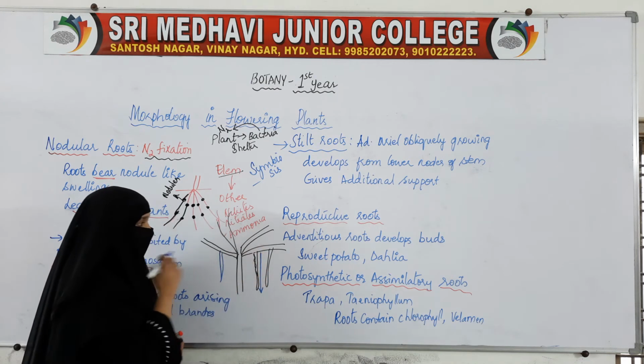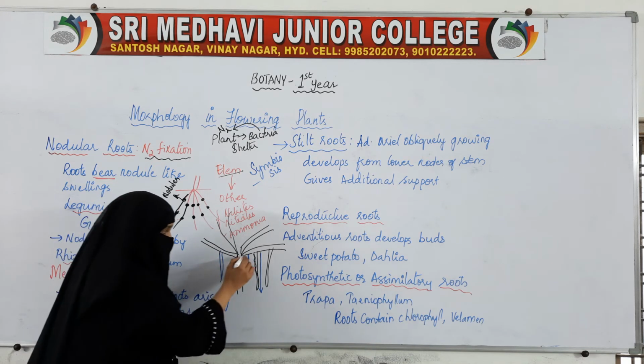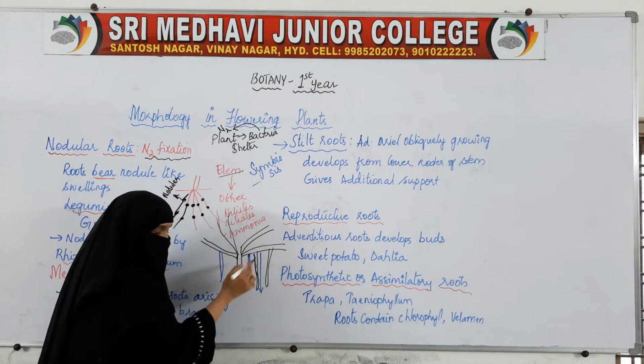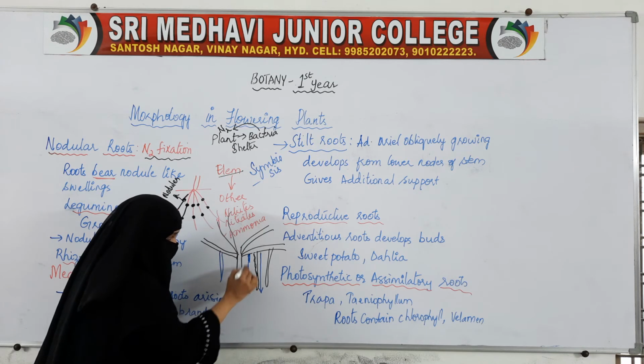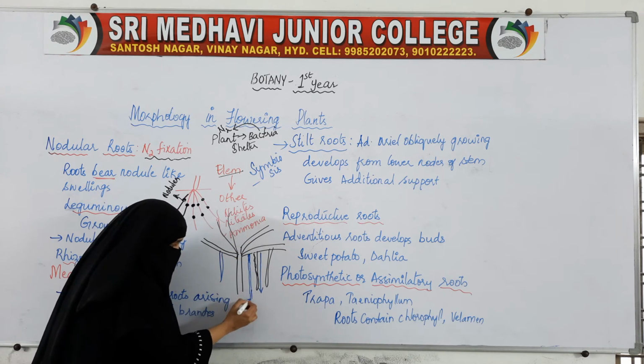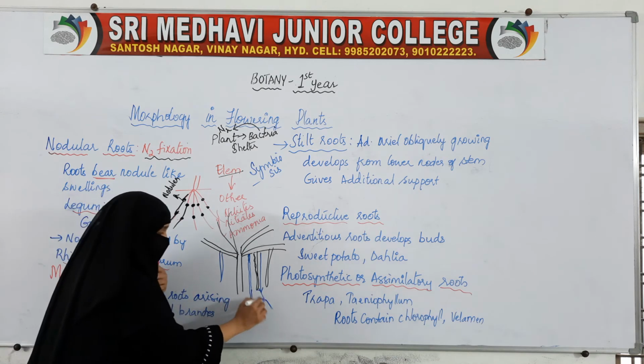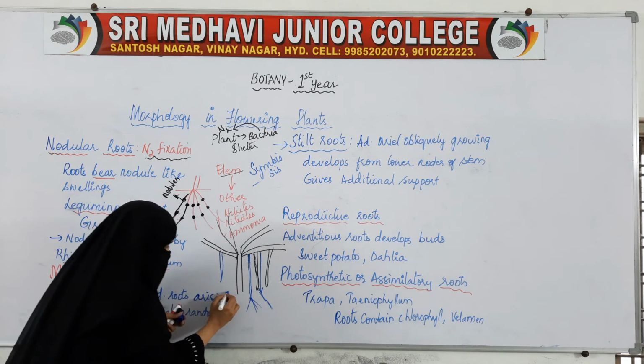At first they will be small, thin thread-like structures, then they will grow. They will grow lengthwise and also widthwise. They will grow towards the ground, go inside the ground and fix themselves. This is the main root.